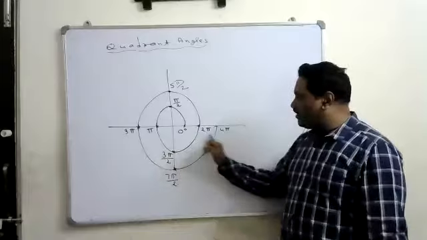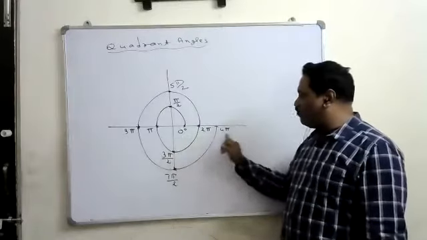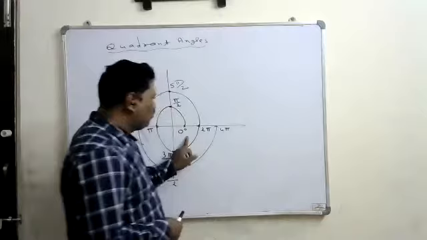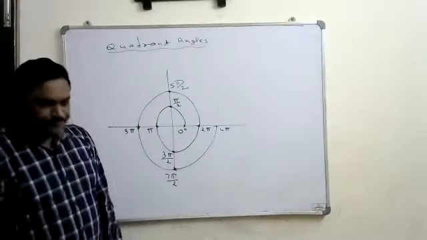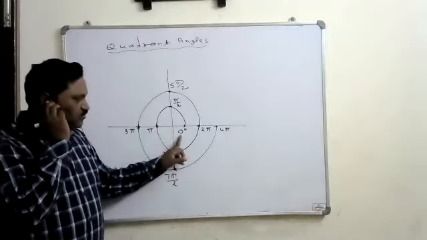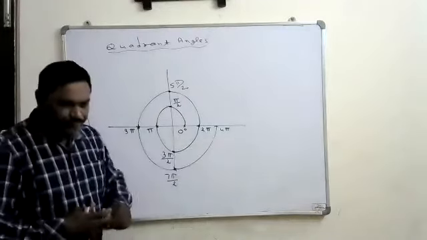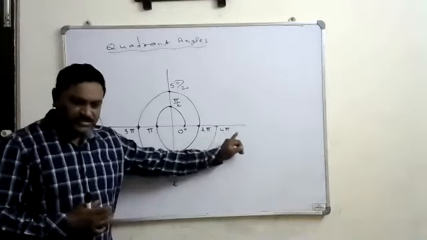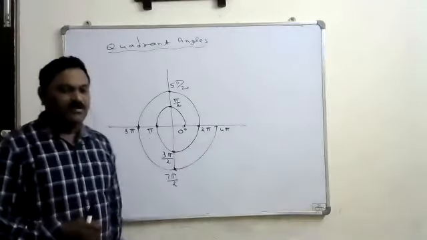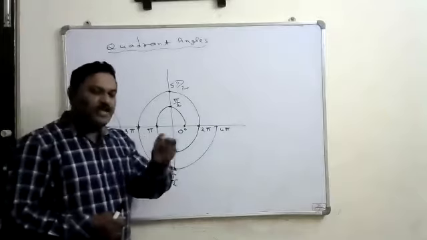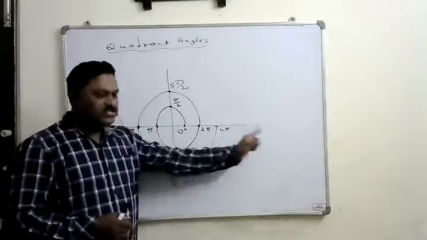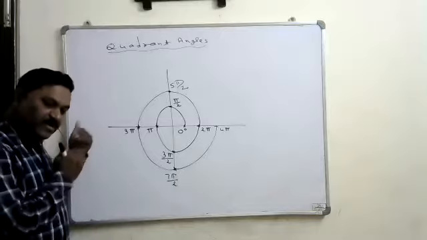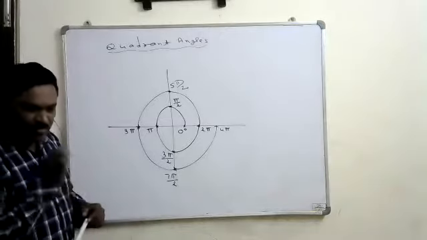On the positive x-axis we have 0, 2 pi, 4 pi, 6 pi, etc. What do these integers represent? 0, 2, 4, 6, 8, even numbers. Even multiples of pi lie on the positive x-axis. Odd multiples of pi lie on the negative x-axis. So that also you have to remember.